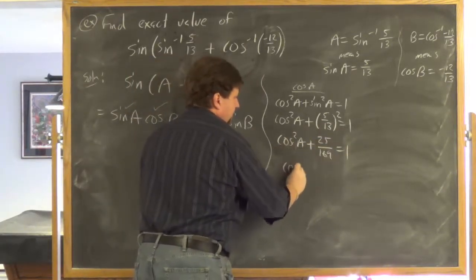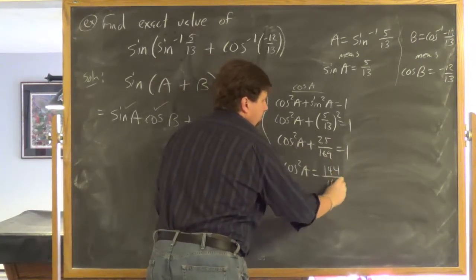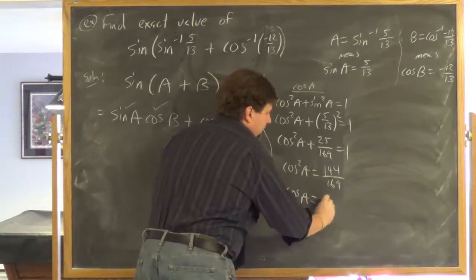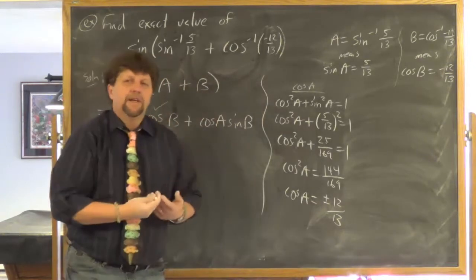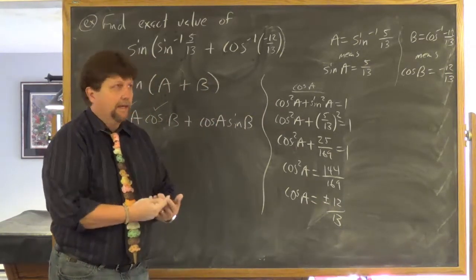Subtract 25 over 169 from both sides. I get 144 over 169. And I have cosine of A is plus or minus 12/13.